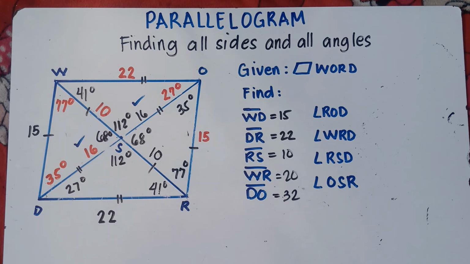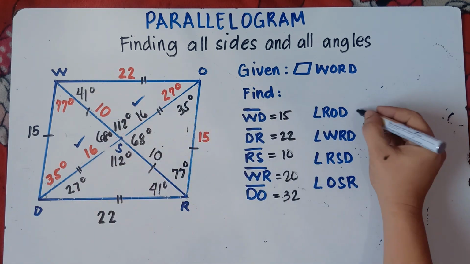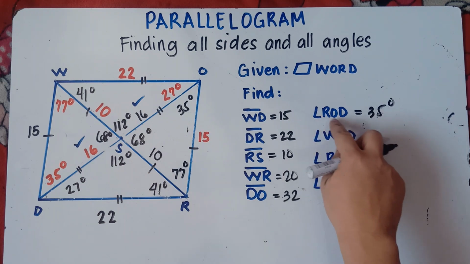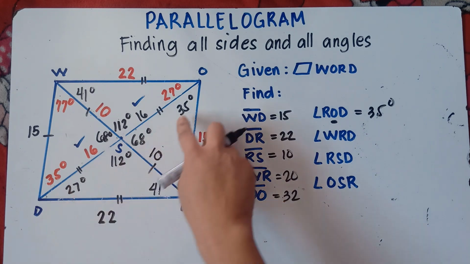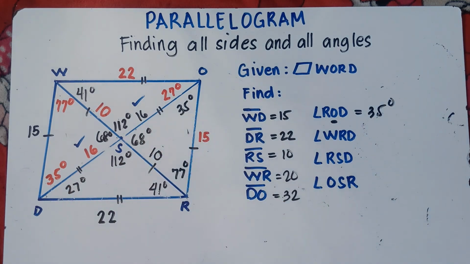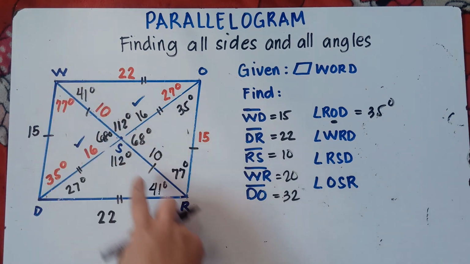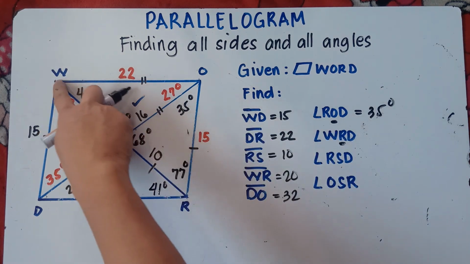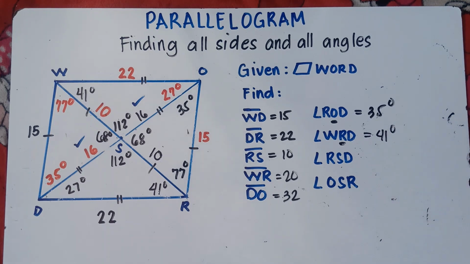And for angle ROD, that would be 35 degrees. Angle ROD, you're referring to angle O, the middle part. This angle right here. Angle WRD, you're referring to angle R on the middle part, that would be 41 degrees.